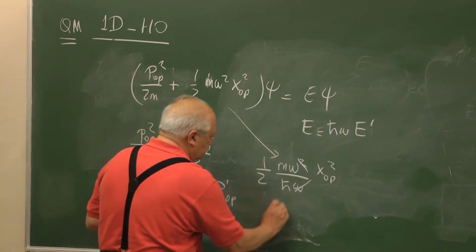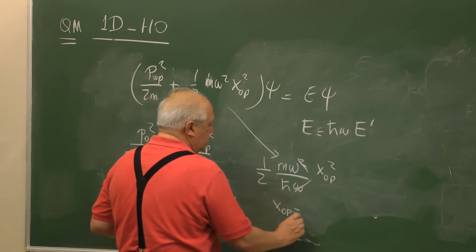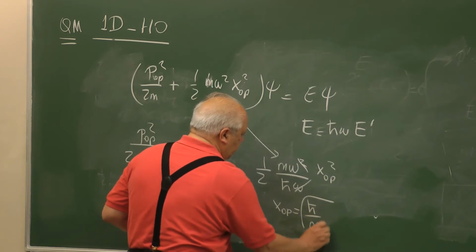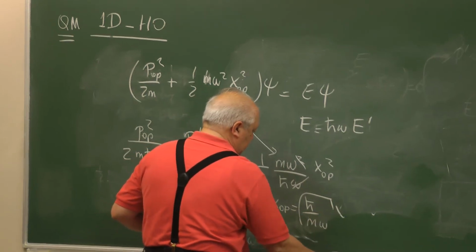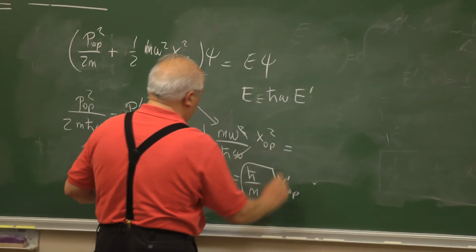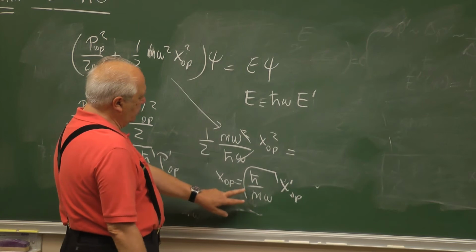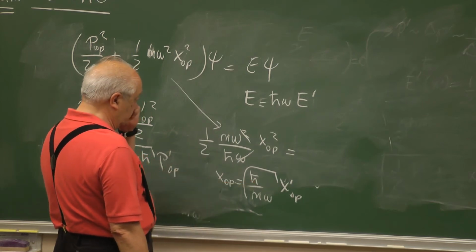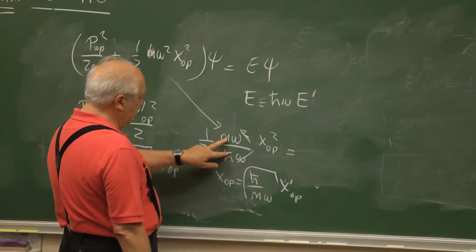By defining the x operator as root h bar over m omega times x prime, when you square it, this part will cancel that part.